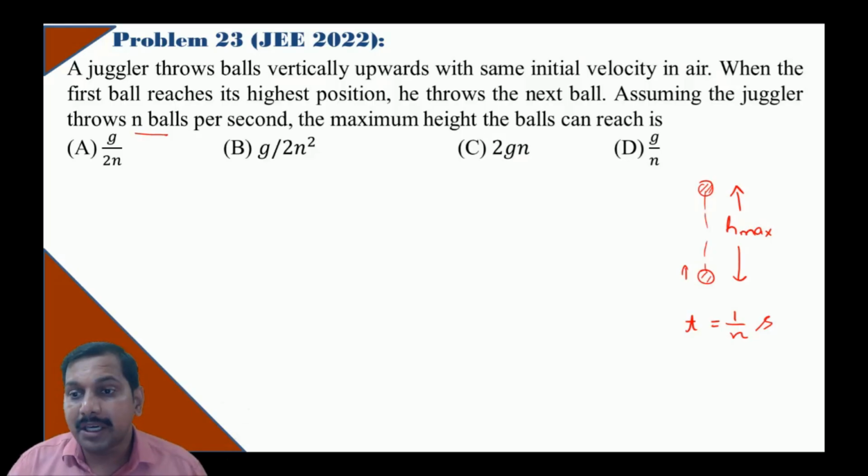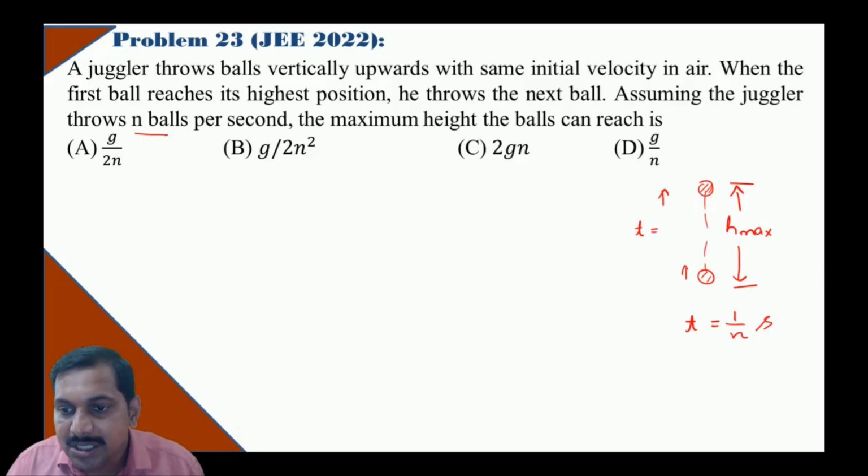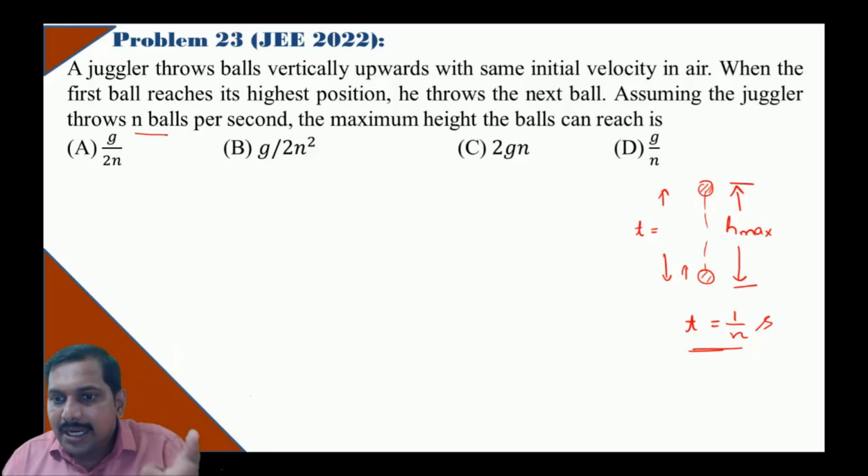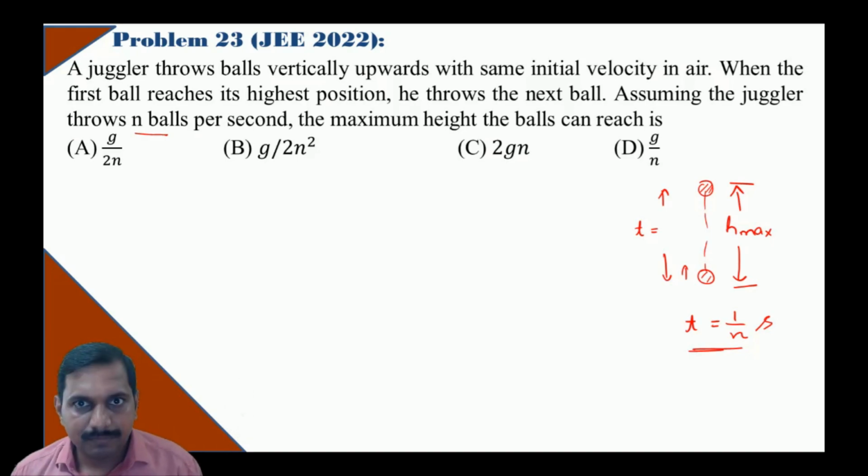It also means there is a constraint on the maximum, because the time taken to reach the maximum height should be equal to this time of throwing. So this way we have to interpret this particular problem.